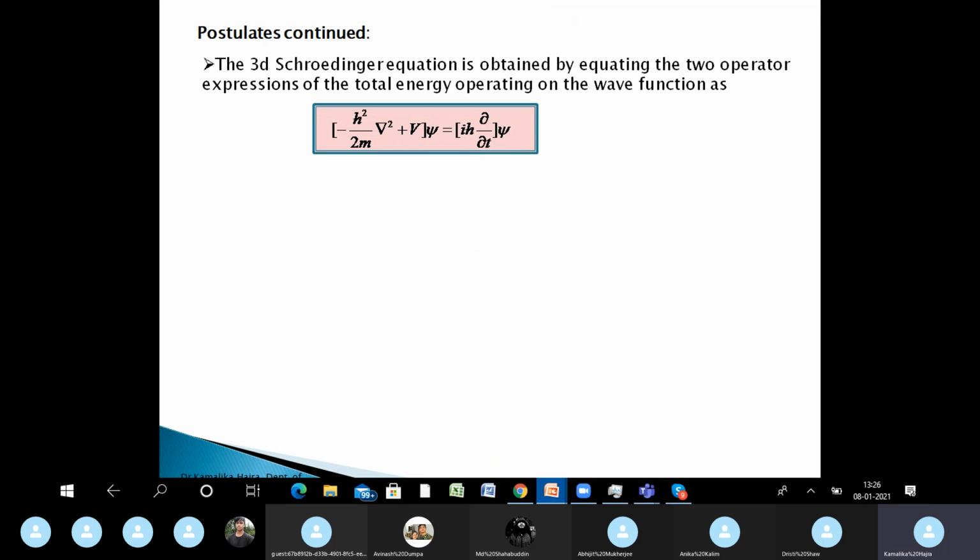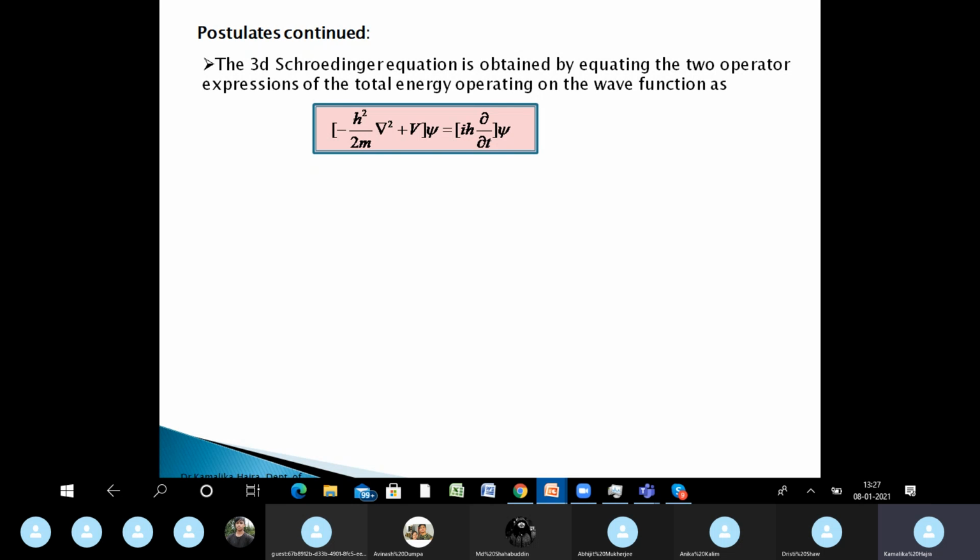In three dimensions, the Schrödinger equation is obtained by equating the two operator expressions of total energy. So what is the easiest way of writing down the Schrödinger equation? Initially there may be some difficulty in remembering it, and you cannot write it down straight away.